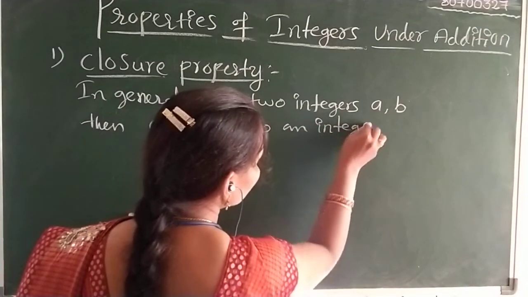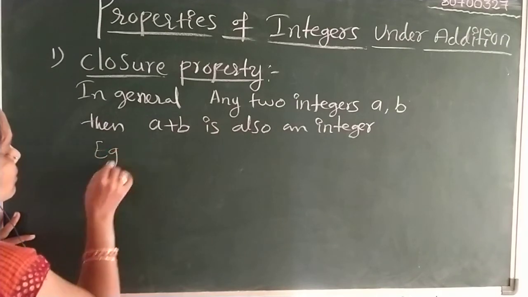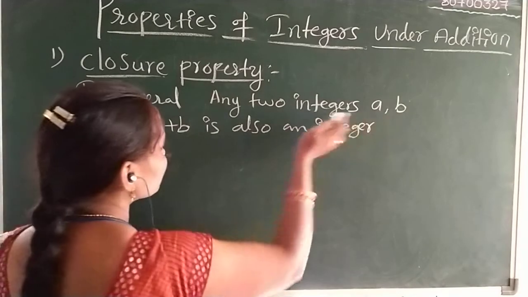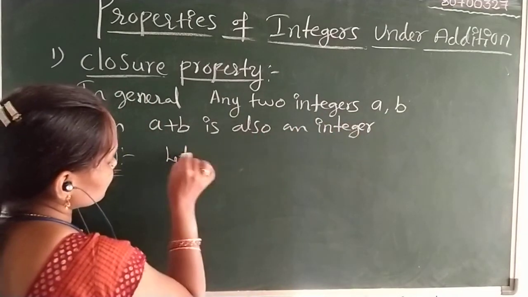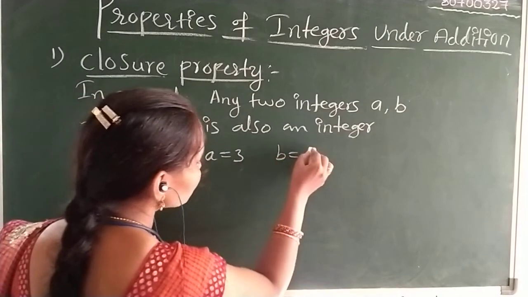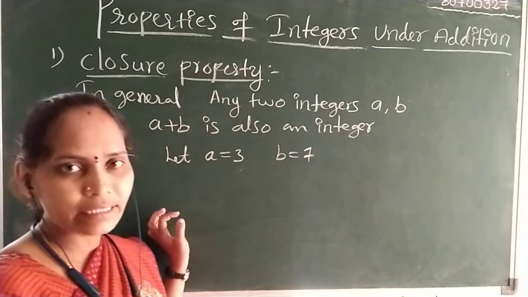Example: suppose you take any two numbers. Let a is equal to 3, b is equal to 7. These are integers only.